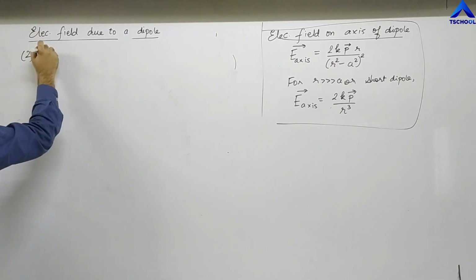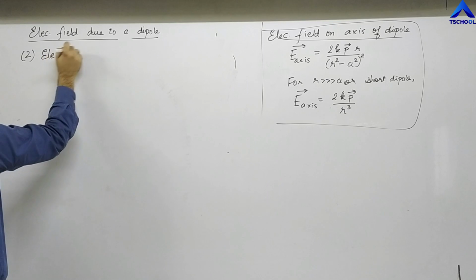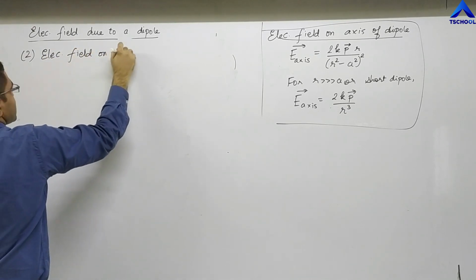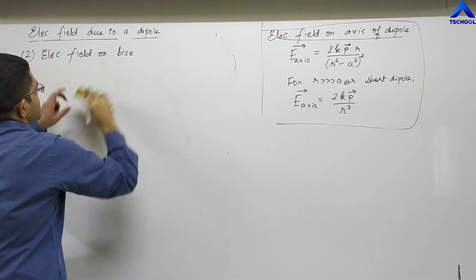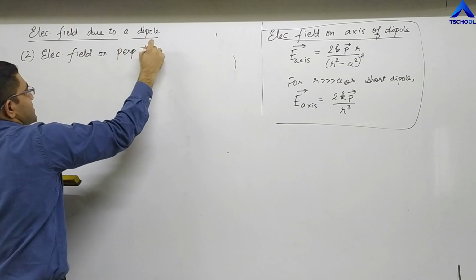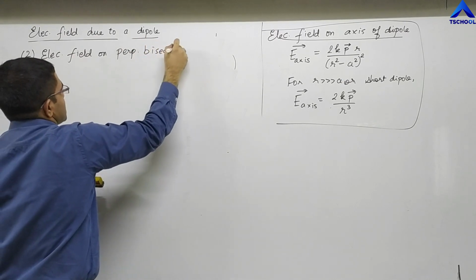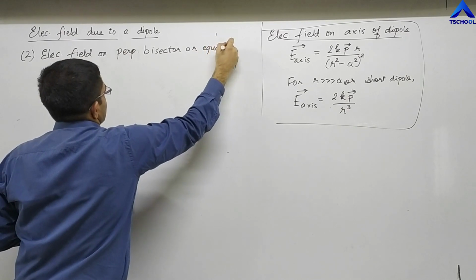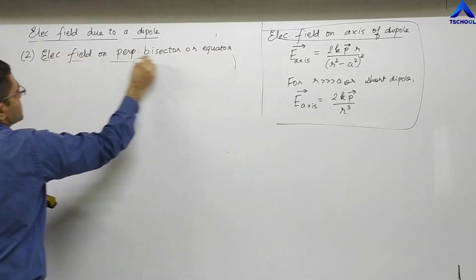Part 2, electric field on bisector. Actually, I should write perpendicular bisector. On perpendicular bisector or equator of dipole. Okay, so this is what we have.